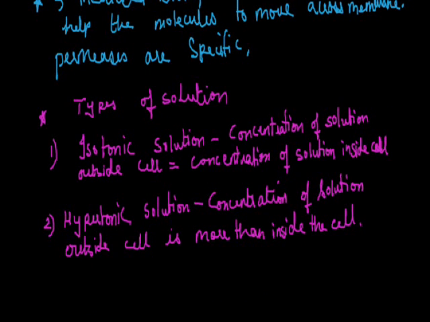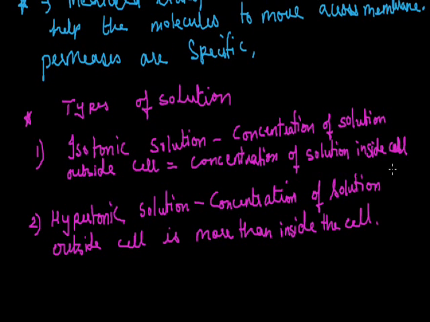The second type of solution depending on concentration is hypertonic, in which concentration of solution outside the cell is more than that inside the cell. The third type of solution depending on the concentration of the solution can be the hypotonic solution.